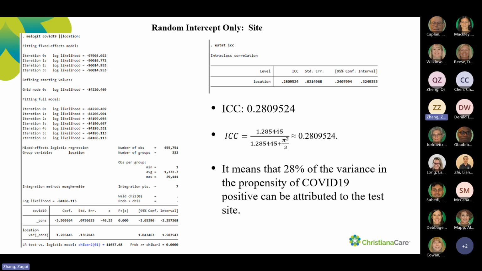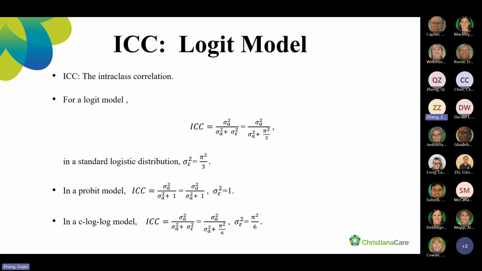Different tested sites can give quite different test results for the participants, because 28% is more than one quarter.